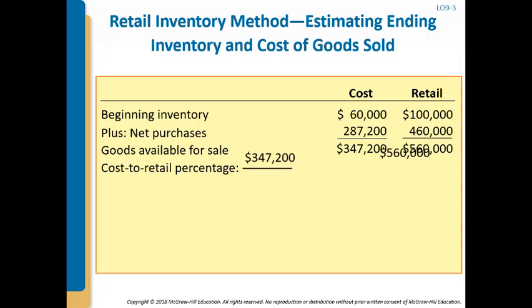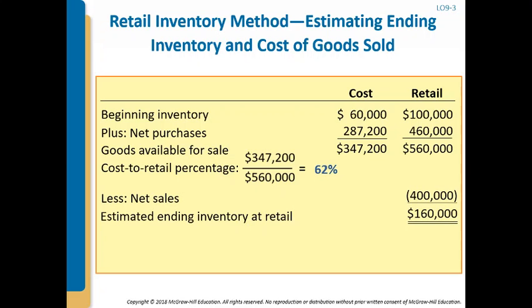And so they divide 347,200 into the 560,000 and come up with a cost to retail percentage of 62%, meaning the goods available for sale at cost equal 62% of goods available for sale at retail.